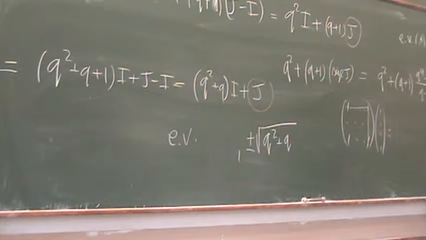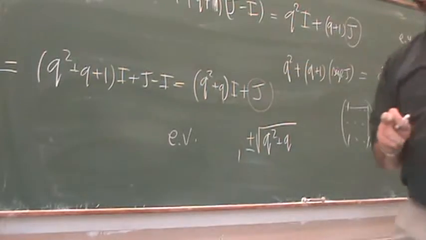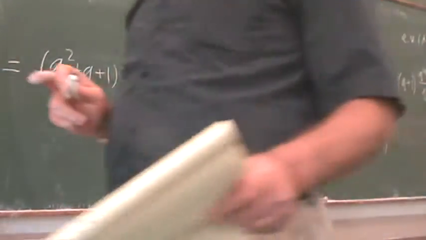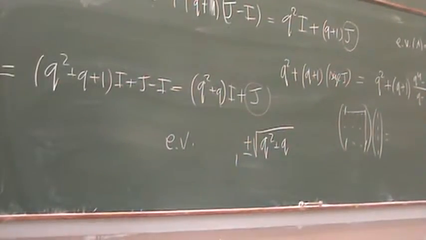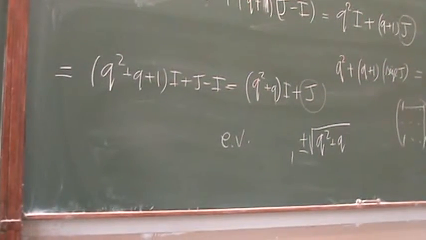What are the trivial eigenvalues? Now, let's see if you remember what we studied last time. What is the trivial eigenvalue now? Plus minus degree. But what's the degree? There are 2 degrees. You already forgot?